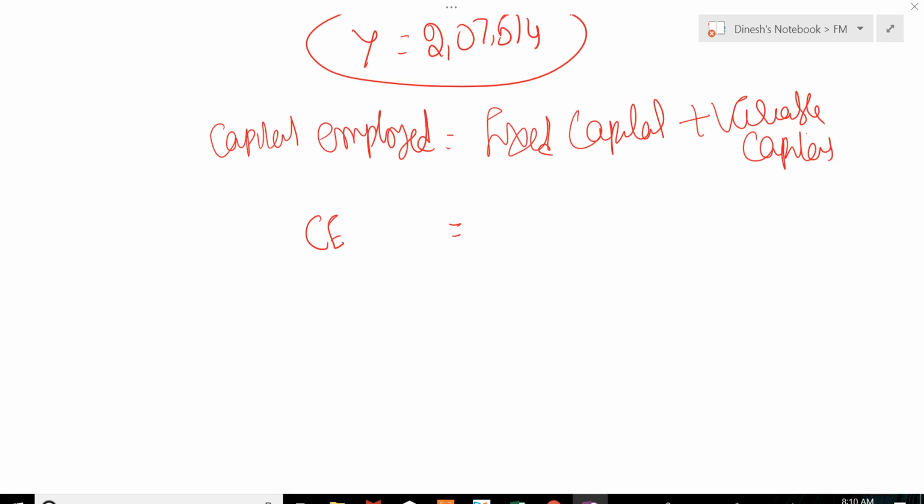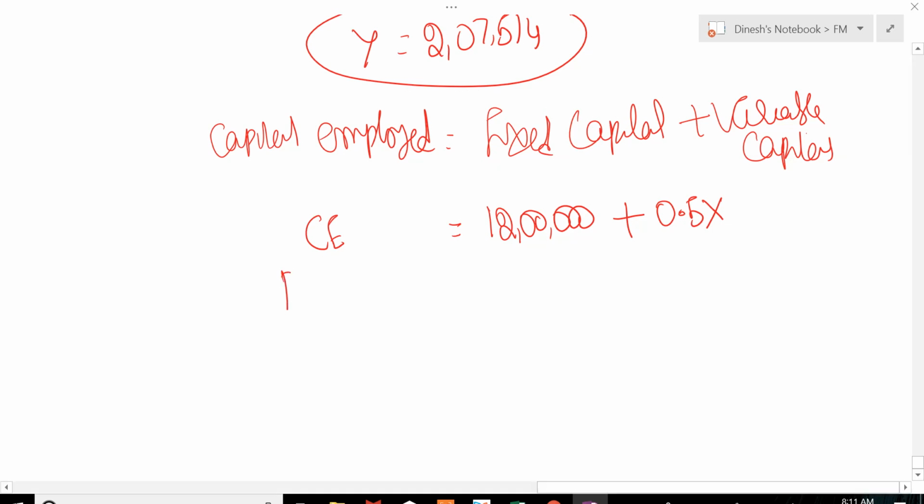What's the fixed capital? 12 lakhs. Variable capital 0.5x, 50% of sales. We have assumed that the overall sales is X. So my variable capital is 0.5x. Clear? You can assume the selling price also as X or the overall sales to be X. If you assume selling price as X, overall sales is 80,000 X.